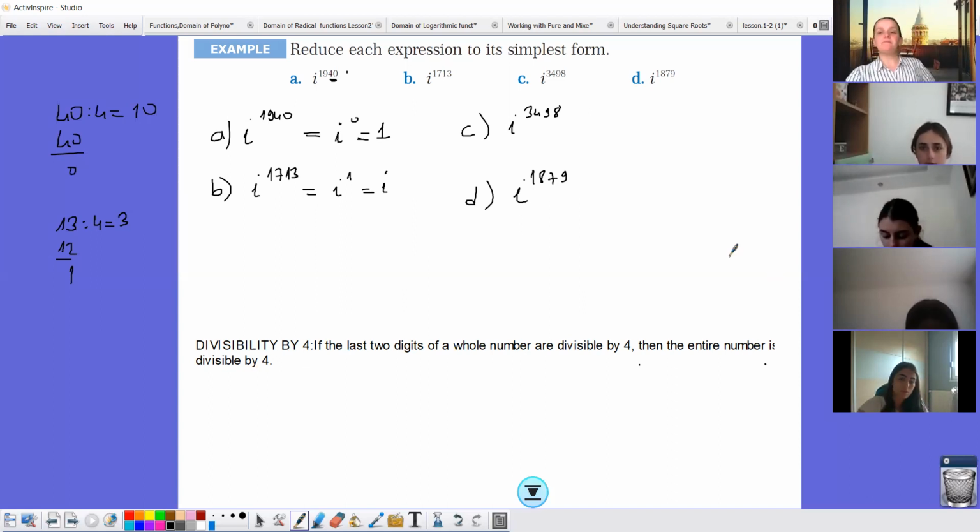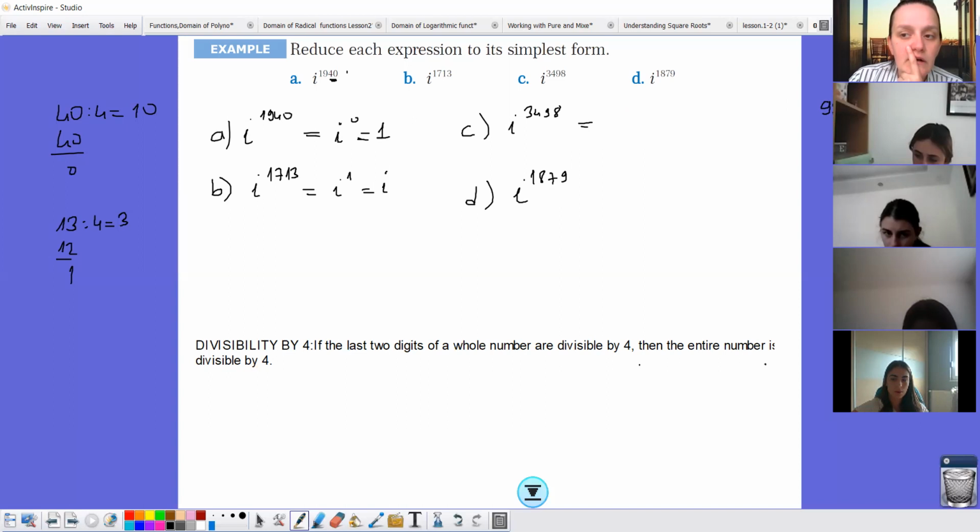Yes, also D. Teacher, I saw C. It's -1, because the remainder is 2. Okay, so let's do 98 divided by 4.